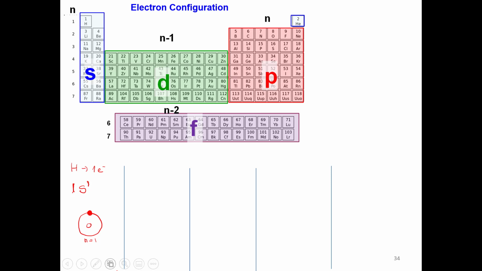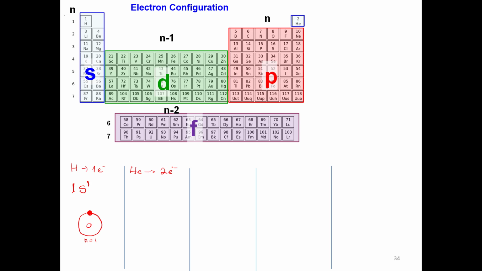Then let's try now helium. Remember, helium has 2 electrons. Helium must be here. Look, where the helium must be located is in this position. Then we can write here helium. We have 2 electrons.